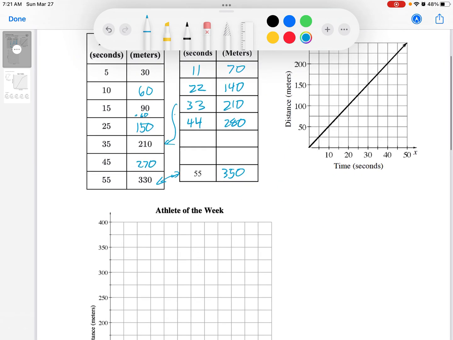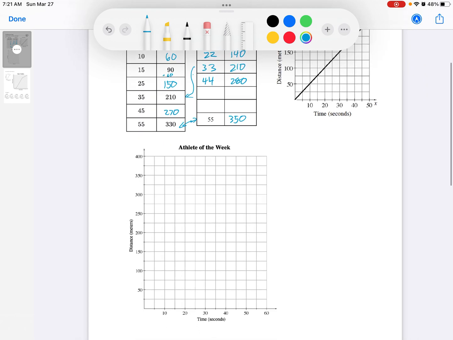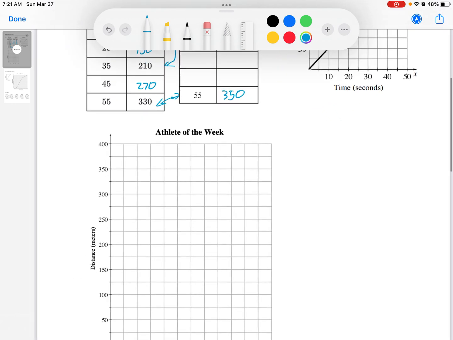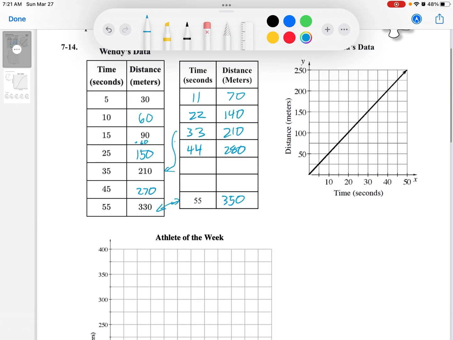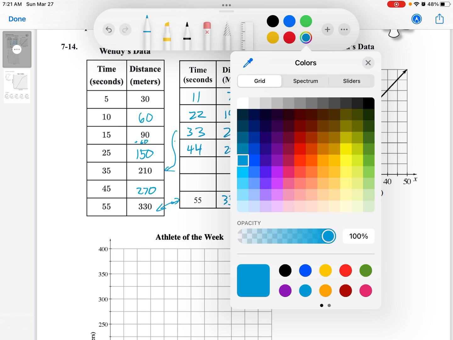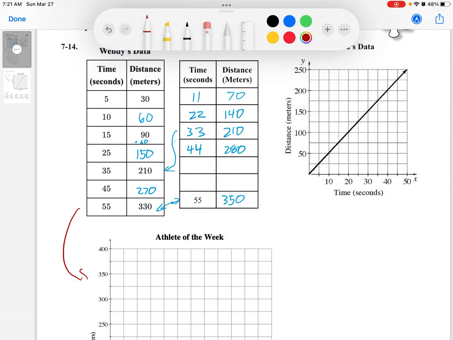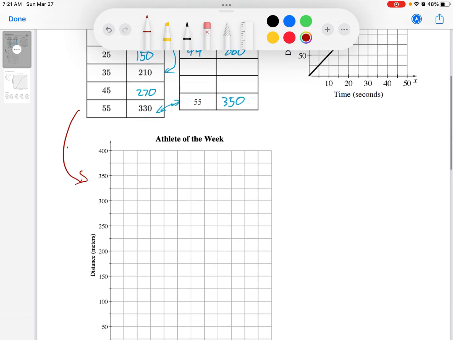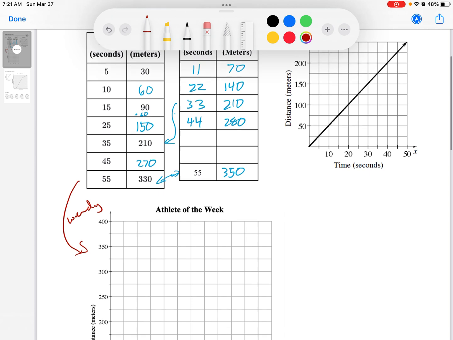So we're going to graph that right down below here, and it's going to be a little hard to do because I got to bounce back and forth. I'm going to do Wendy, we're going to choose a different color for Wendy. Let's do a red here. So let's do red part is Wendy. And she does 5 seconds, 30 meters, right?